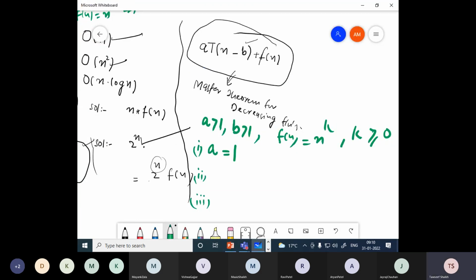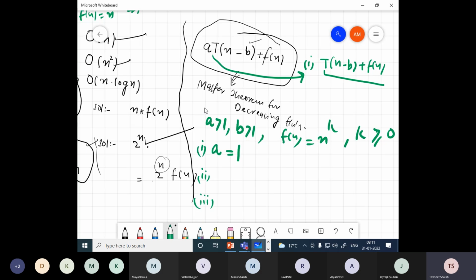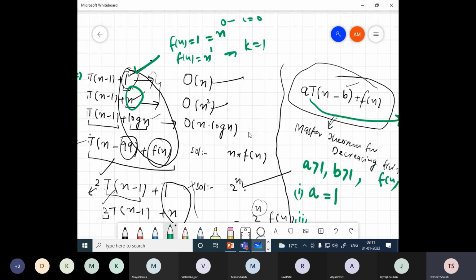When a is equal to 1, if we write it down for the first case, it will be T of n minus b plus f of n, because in place of a we are substituting 1. If you match this recurrence with all those recurrences whose examples we have taken, this is equivalent to those T of n minus something plus f of n.